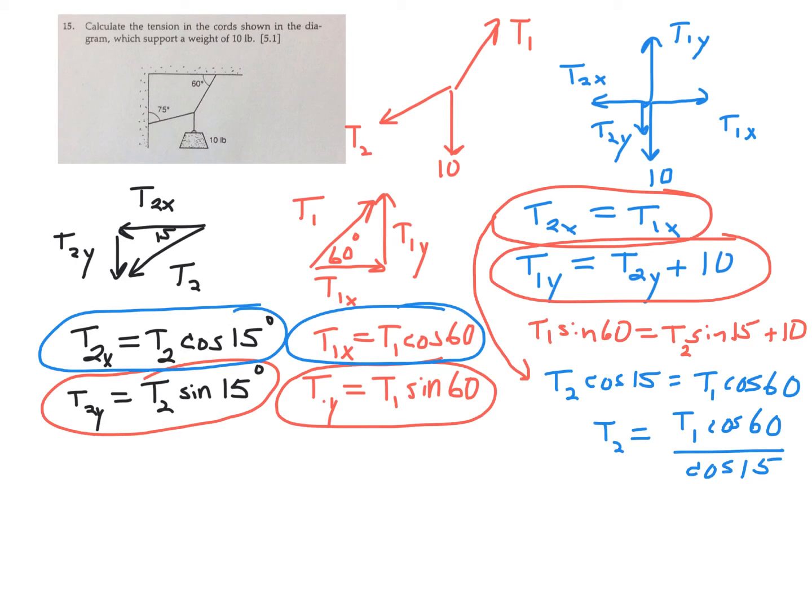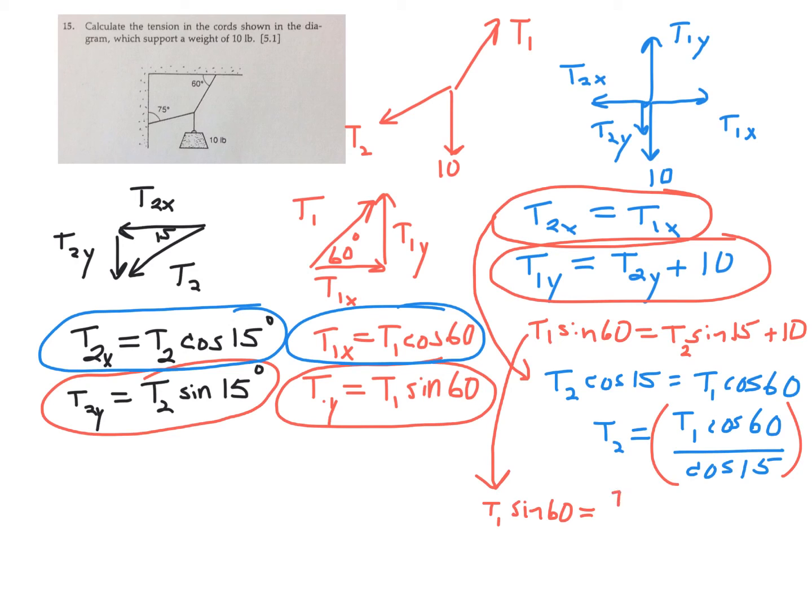What I'm going to do now is take that red equation, sorry about all the arrows, this equation right here, and get rid of the T sub 2. In other words, I just rewrite the equation. I'm going to have T sub 1 sine of 60 equals this big thing right here, which I'll put in parentheses in place of T sub 2.